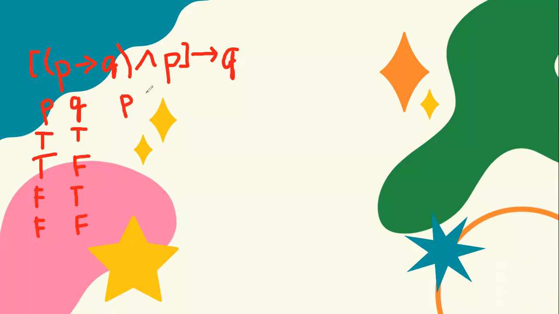Next column natin. If P, then Q. Oh. Sa if P, then Q natin, alin lang yung magpo-false? Ito lang. Diba? All the rest ay true. Okay? Then, ito ng dalawa.